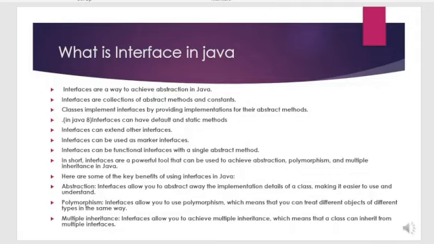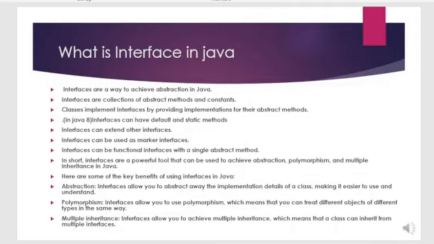If you want to achieve multiple inheritance in Java, you need to use an interface, because using classes you cannot achieve multiple inheritance in Java. Here are some of the key concepts of using interfaces in Java.